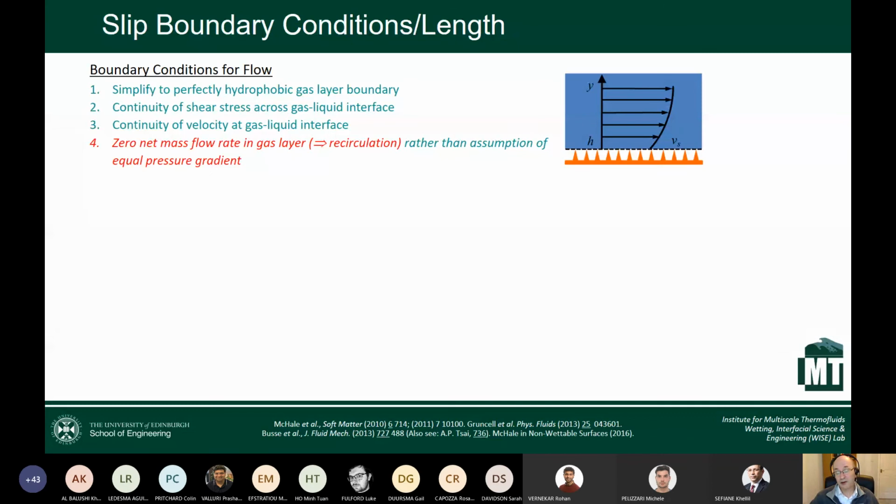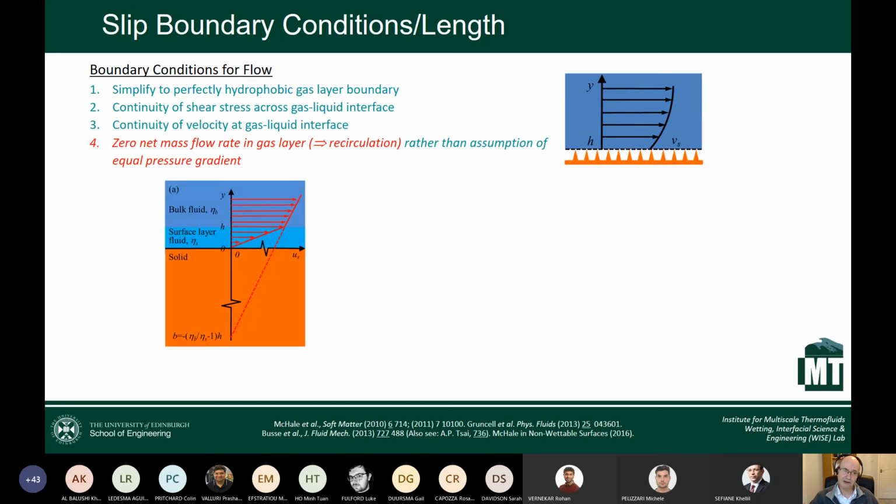Okay. You can actually think in terms of boundary conditions for flow. And for example, in these cases, in your air layer, there's nowhere for the air to go other than to recirculate. And so you have an assumption, a boundary condition of a recirculating air layer. And you can convert that into slip boundary conditions.